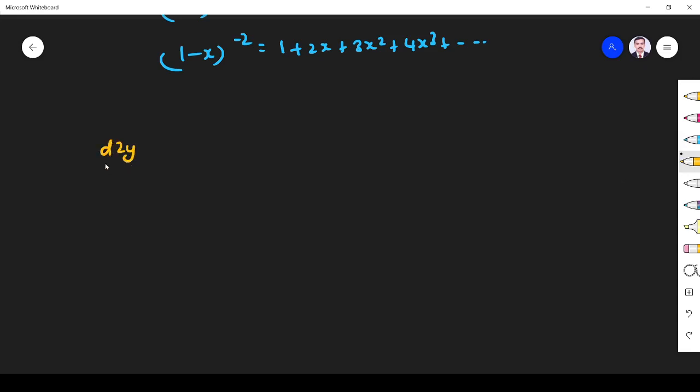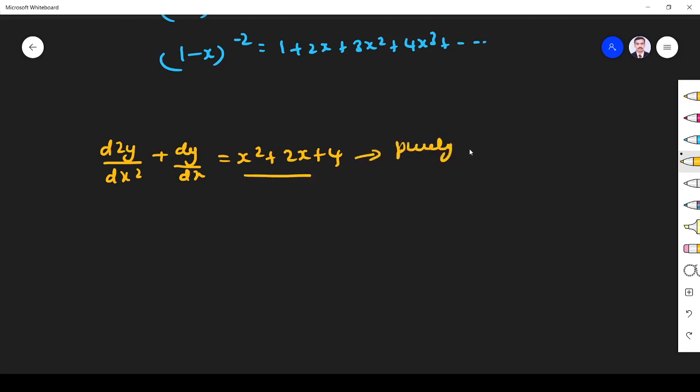d squared y by dx squared plus dy by dx is equal to x squared plus 2x plus 4. We have to solve this. You see, the right hand side is f of x, and f of x is purely algebraic. Since it is purely algebraic, it comes under the category of type 3.